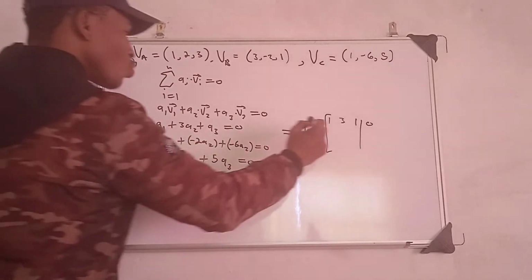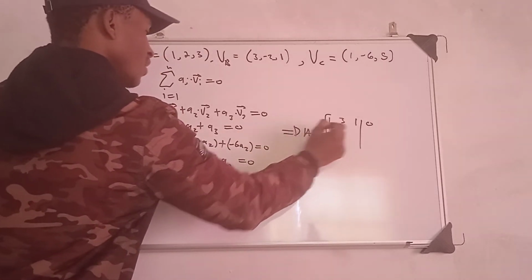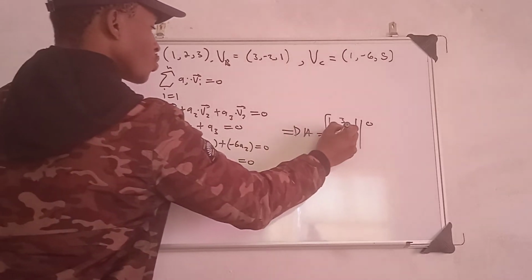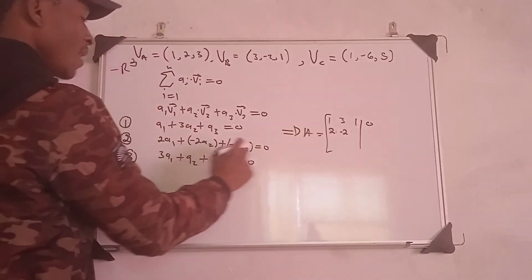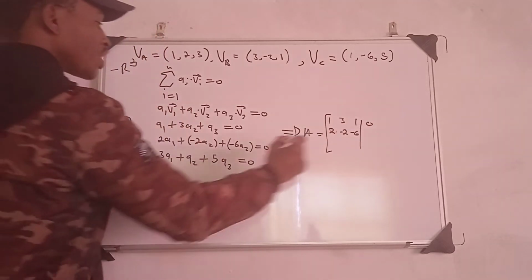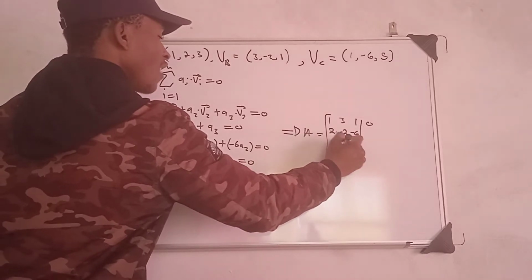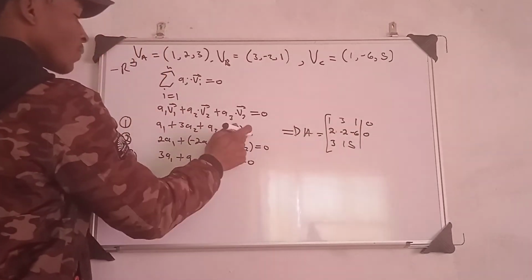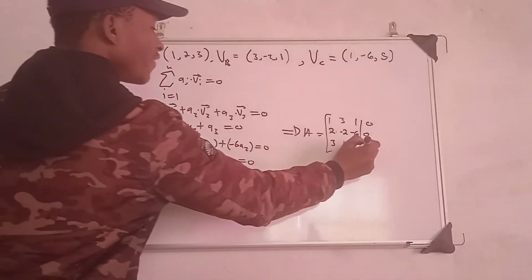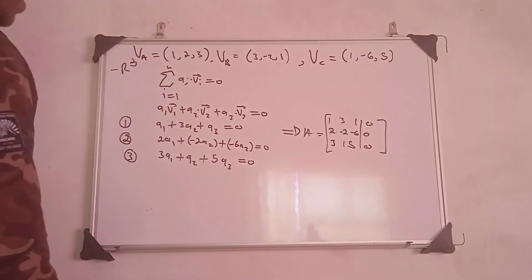I'm going to take this 2 again, and here this minus 2, here this minus 6, here 3, and here 1 and 5. This equals 0, and even this one equals 0. It is our augmented matrix.